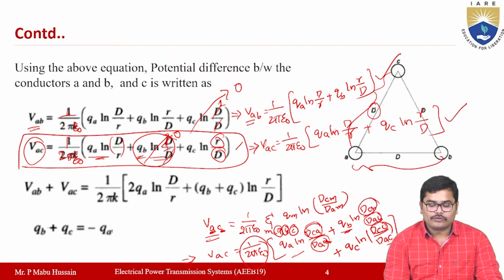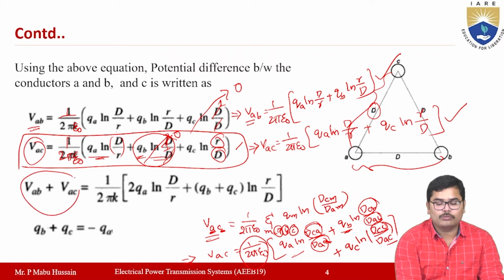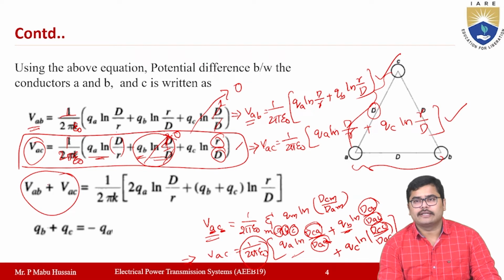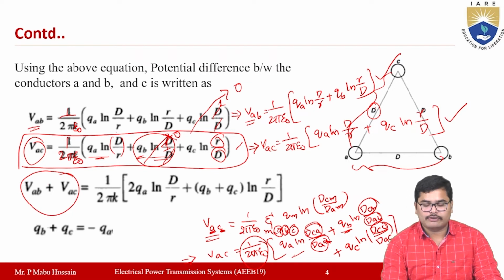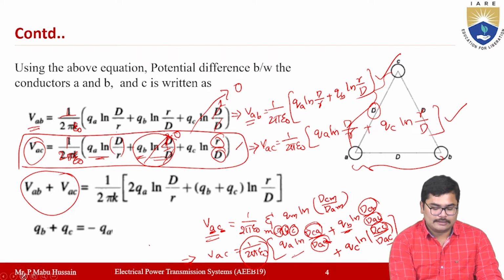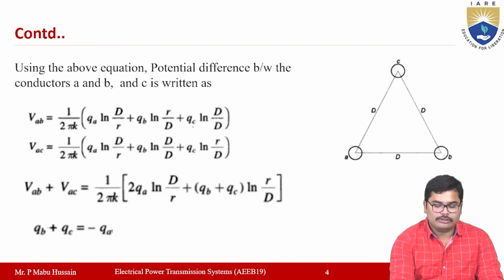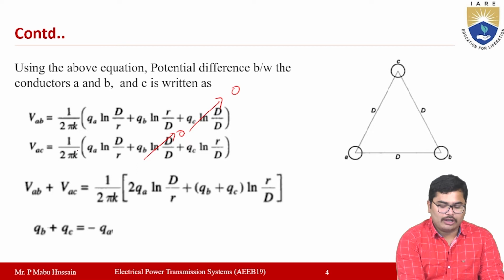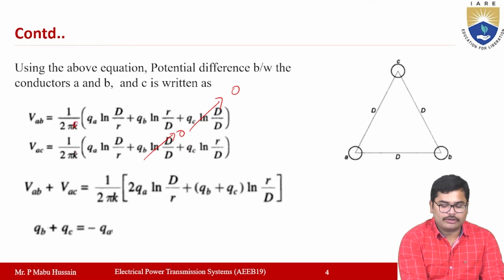Now we are going to add both voltages VAB and VAC. If you add both the equations, this term is 0 and this term is also 0 here. So in place of K, you assume that this value is epsilon naught.